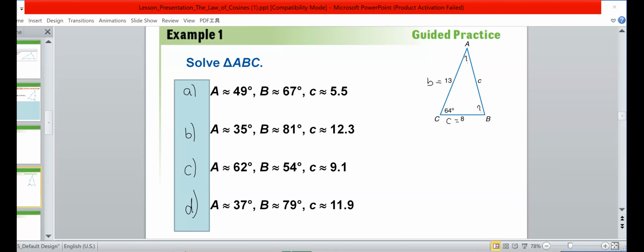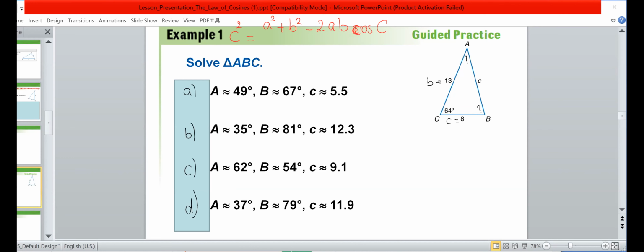c squared equals, can you give me the rule? a power 2 plus b power 2 minus 2ab cosine C. Excellent.